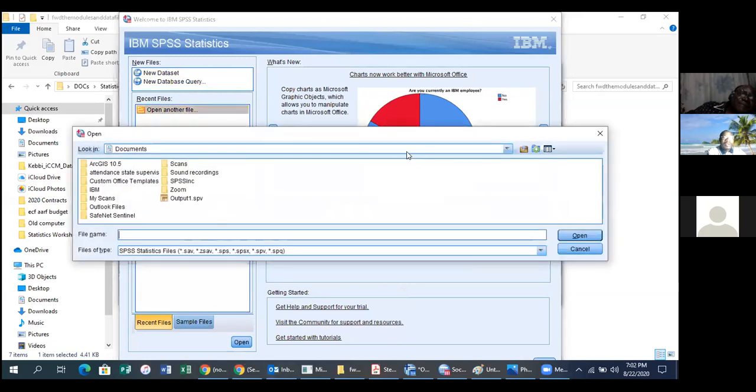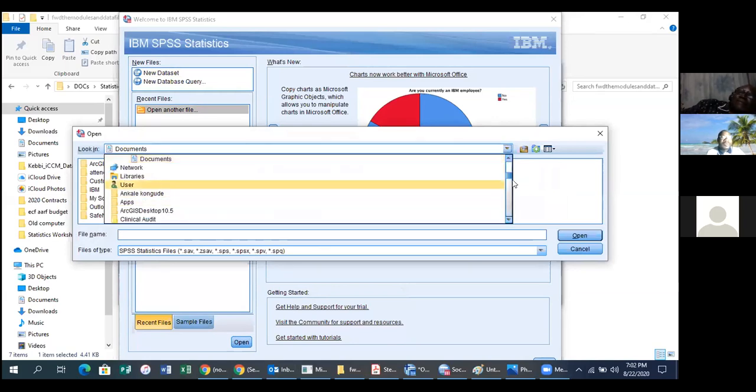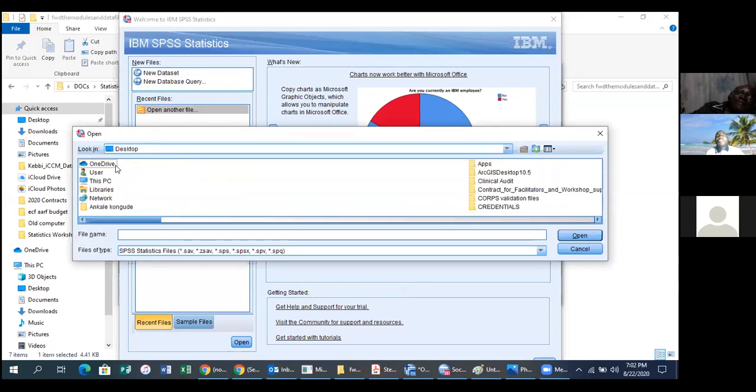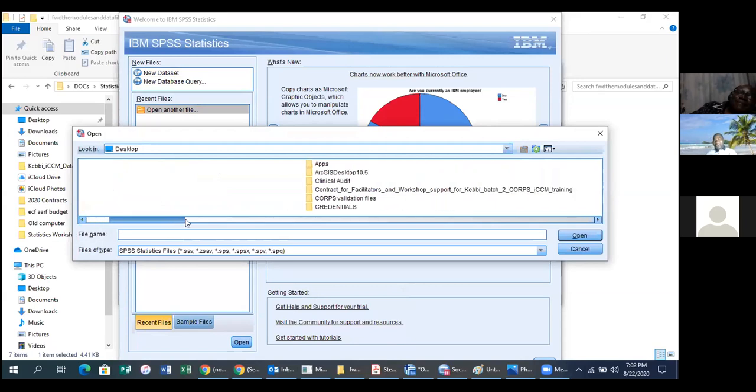Look for the place, look at where the folder is. Next, it will take you to that folder. I don't know why you people like putting things on the desktop.